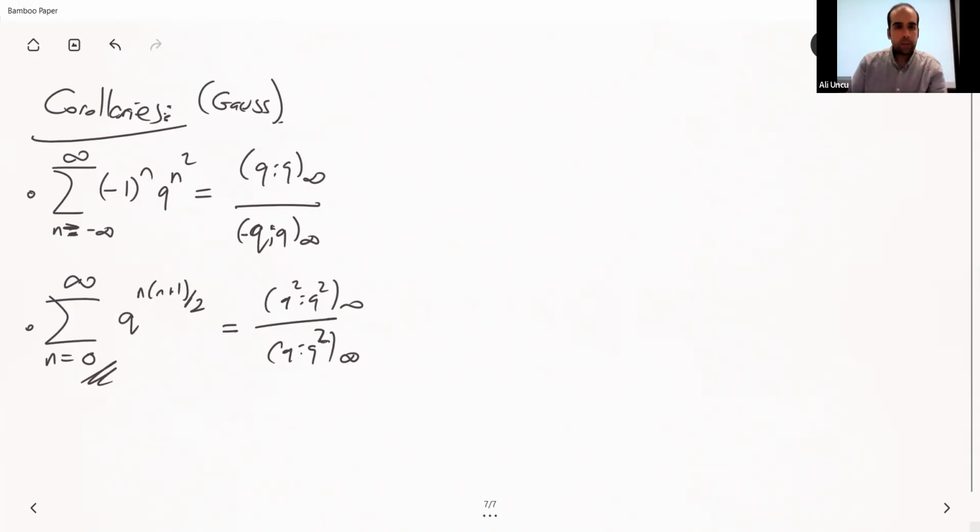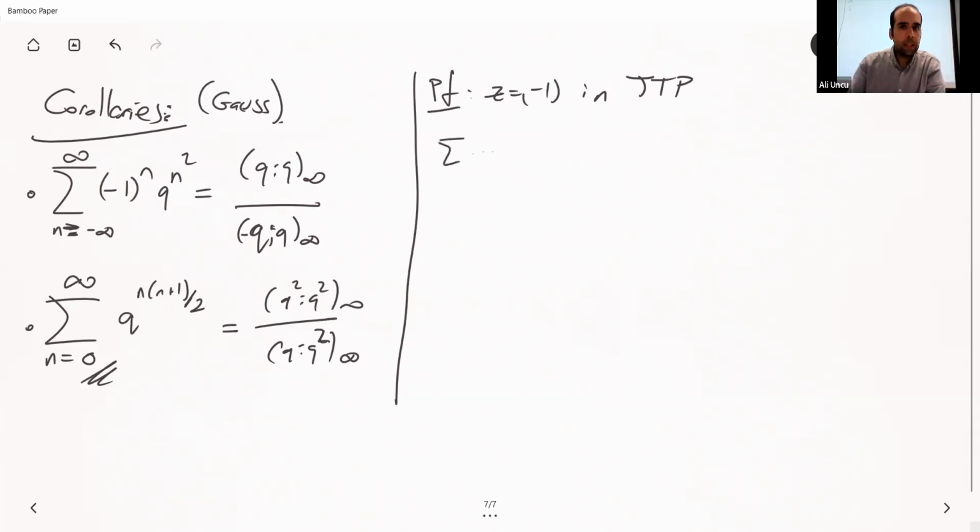So the proof of the first one should be easy, right? Proof of the first one, pick z to be -1 in JTP, in Jacobi triple product identity, so that you get the sum to be the same.